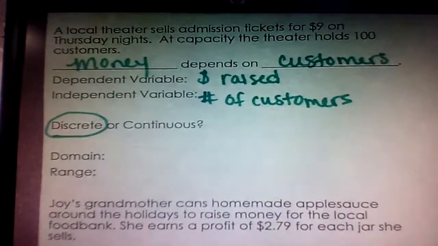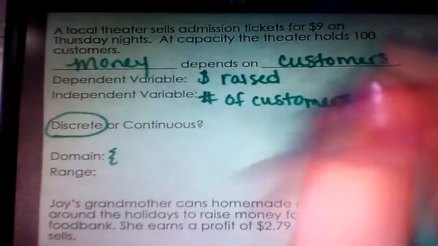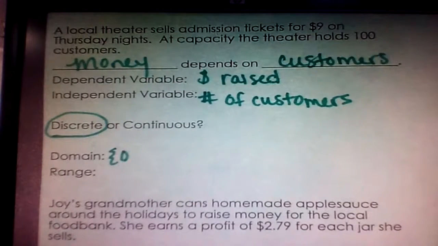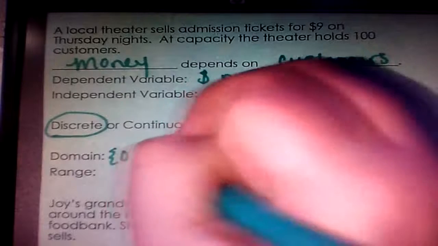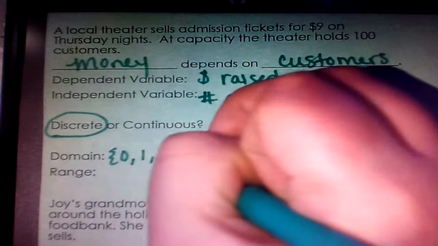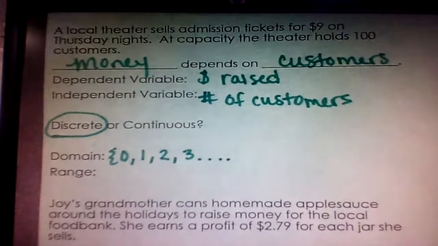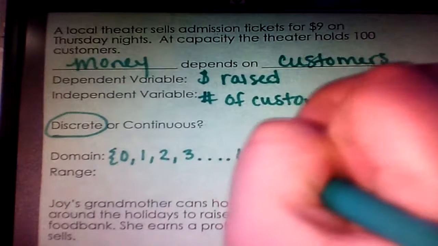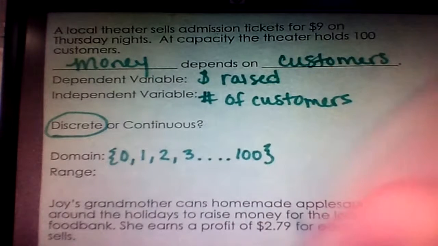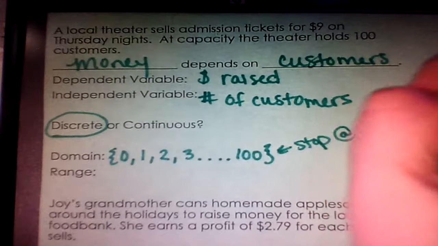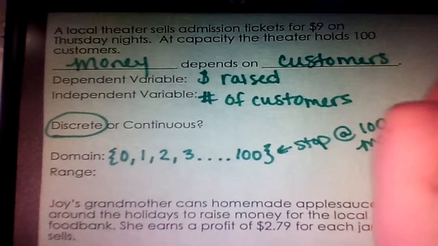My domain is never going to go lower than 0. I can't have a negative amount of people. So my domain is going to be 0, 1, 2, 3. When is my domain going to stop? Why 100? That's the maximum capacity. So we stop at 100 because that's the max capacity.